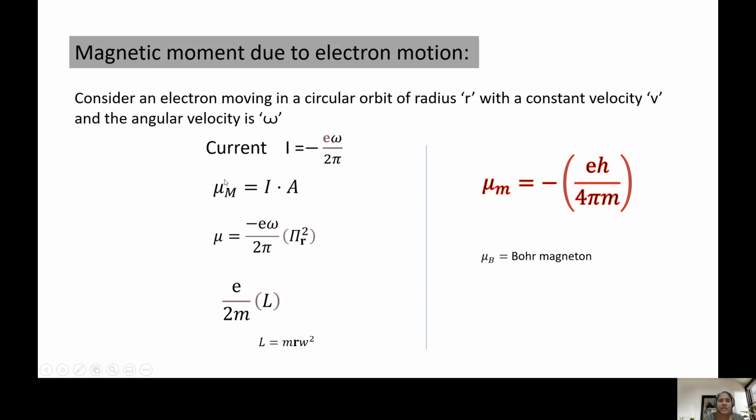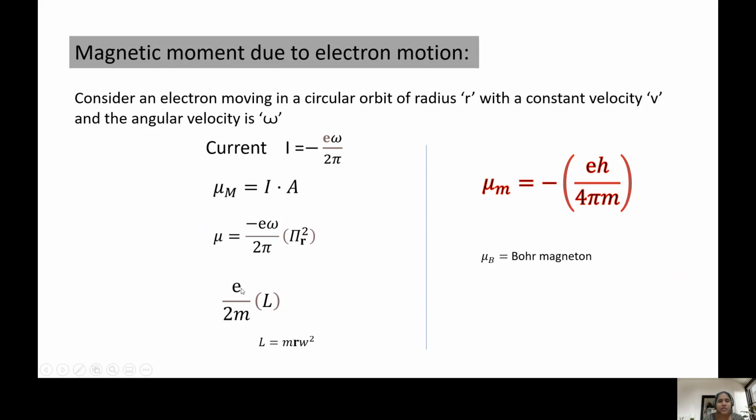And the orbital magnetic moment mu m, for the electron revolving around the nucleus in a circular orbit, can be written as the product of current and the area of the loop. Substituting in the above equation, that is minus e omega upon 2 pi into the area of the loop, pi r square.